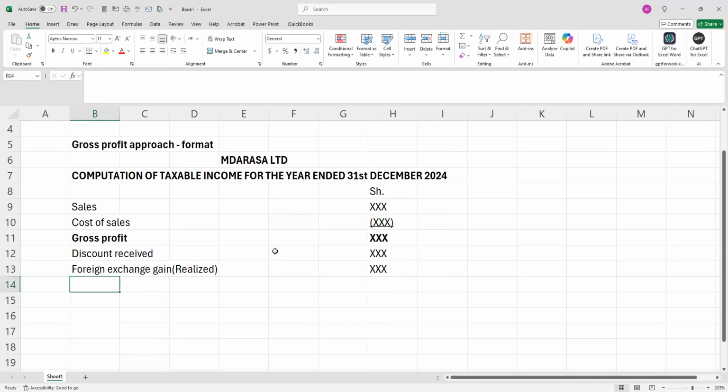You can talk about maybe insurance compensation for loss of stock only, or of course profit.